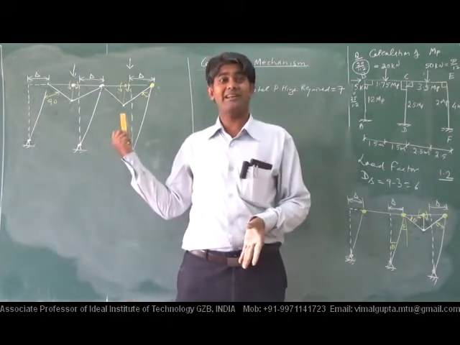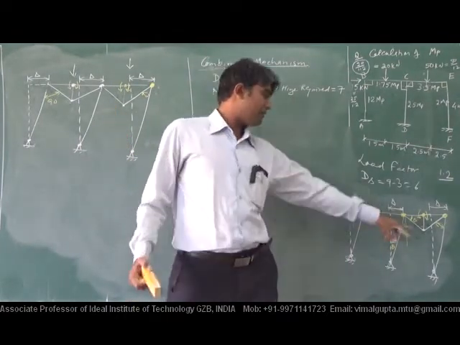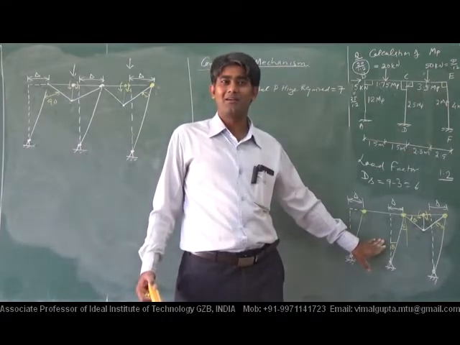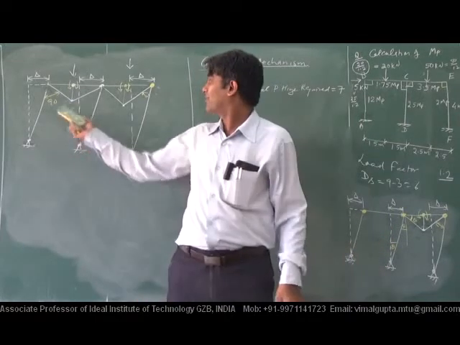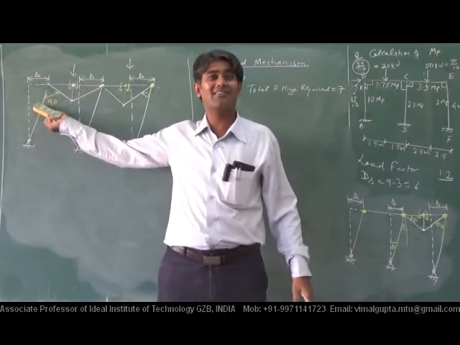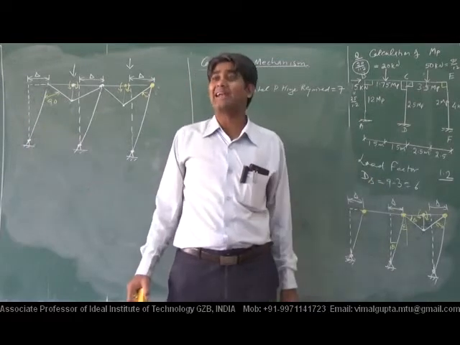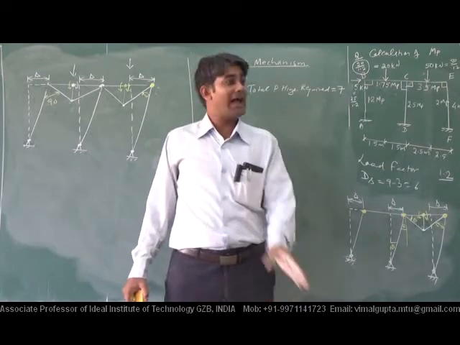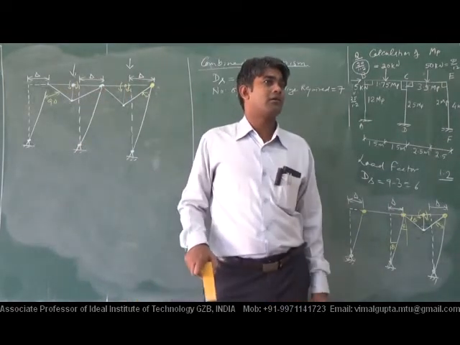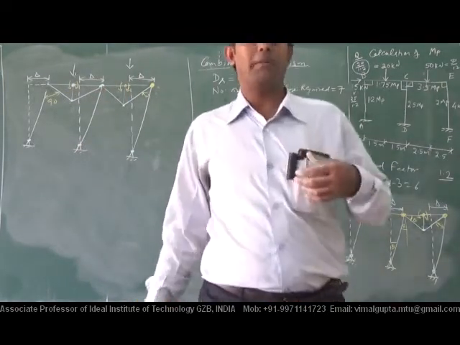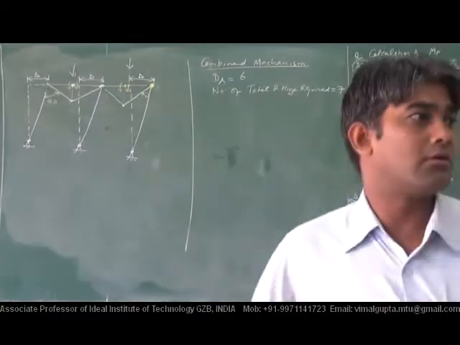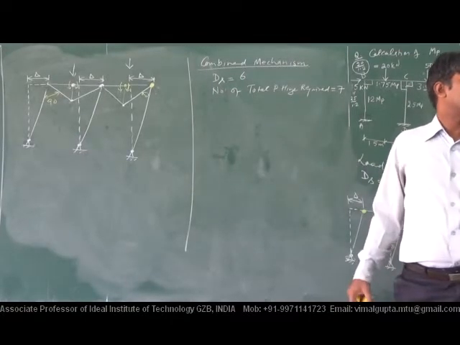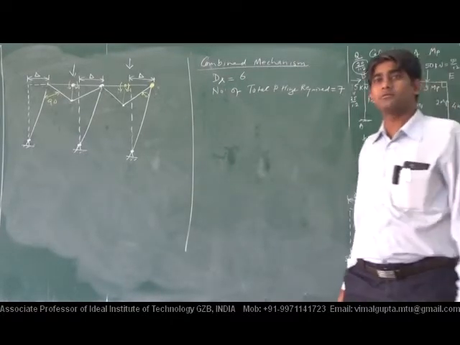But here it is not, because one beam mechanism it is okay, but one sway mechanism, and here it is not correct. So it is not that type of thing. It is a combination of beam and sway. We have to think in that manner. Clear to everybody?